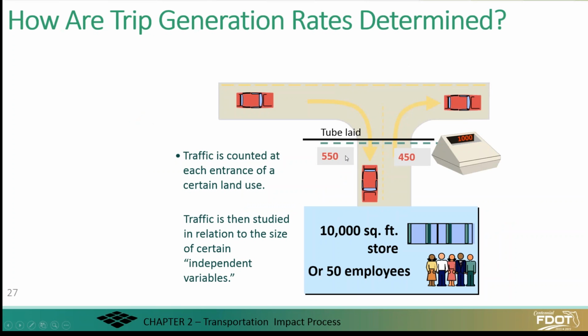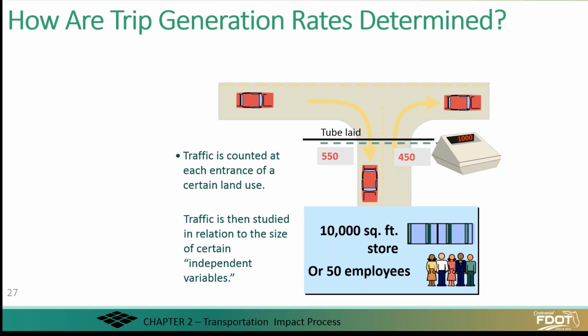It counts the trips going in, and it counts the trips going out. The counter shows the number of trips going in and out, so 550 trips going in, as an example, and 450 going out. So we have 1,000 trip ends altogether.